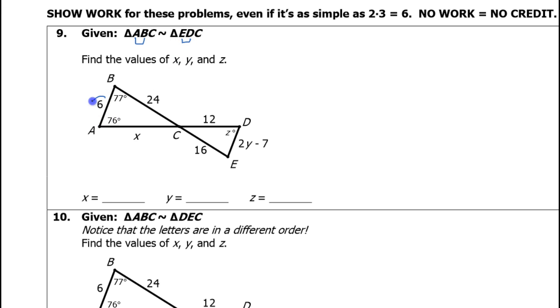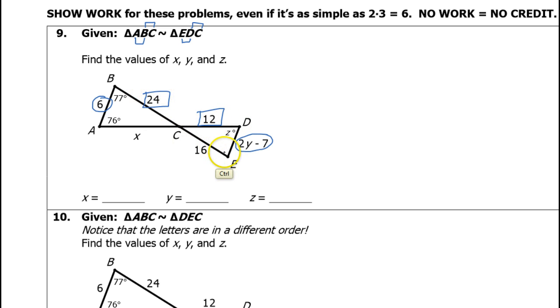So here's AB, and here's ED. Those are corresponding sides, so I'll use circles. We know that side BC corresponds with side DC. So I'll put a square on BC, and I'll put a square on DC.